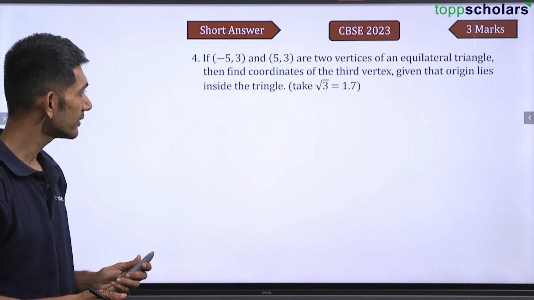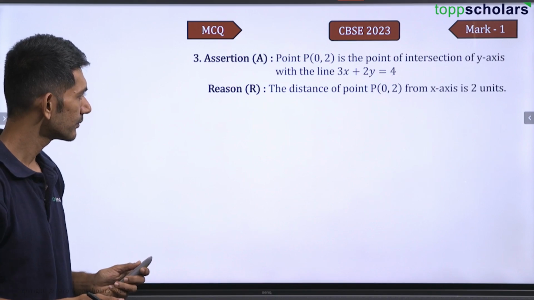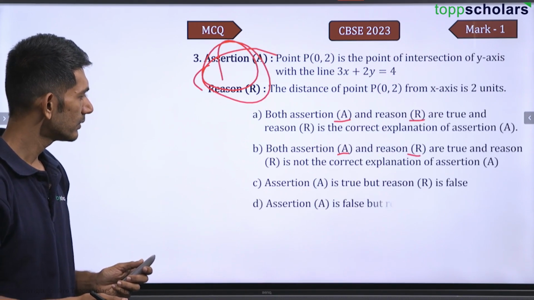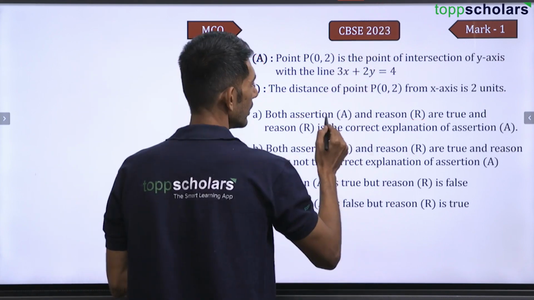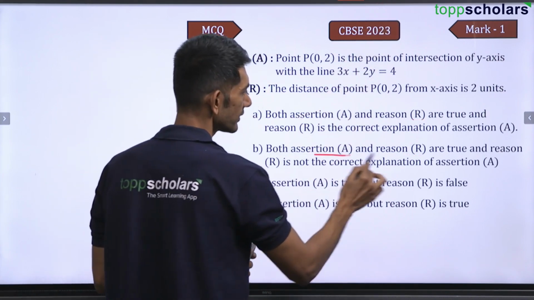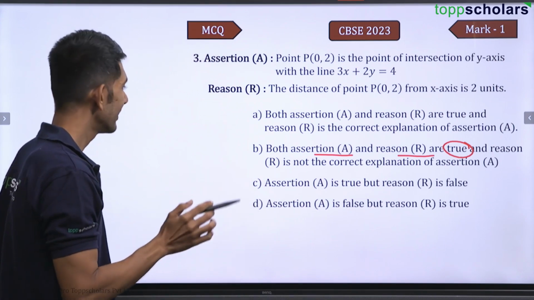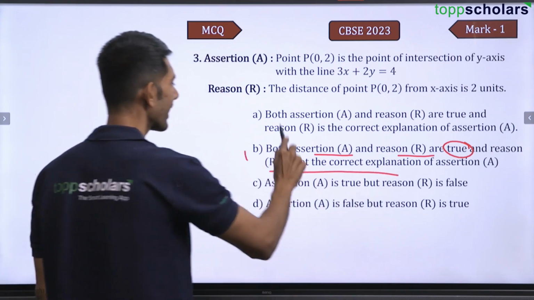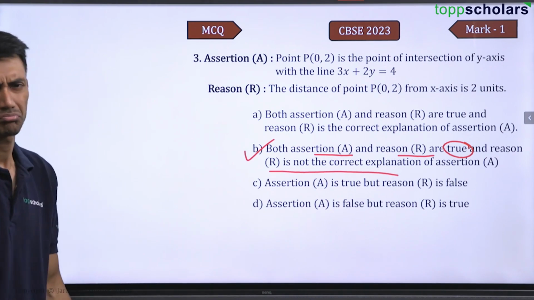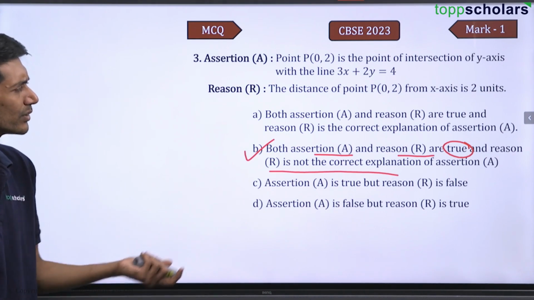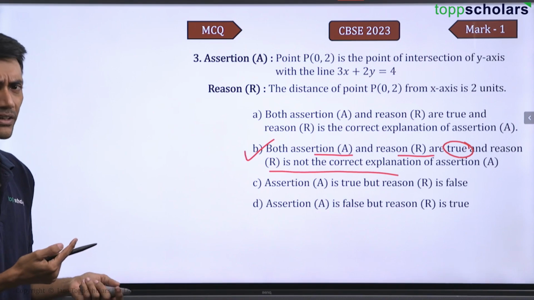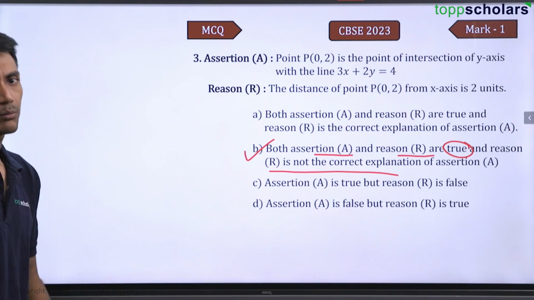The right answer is that assertion and reason are both true. But reason is not the correct explanation for the assertion, because reason has nothing to do with the assertion. There was no connection between both of them.